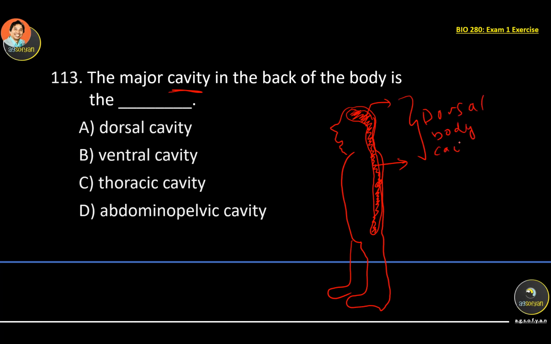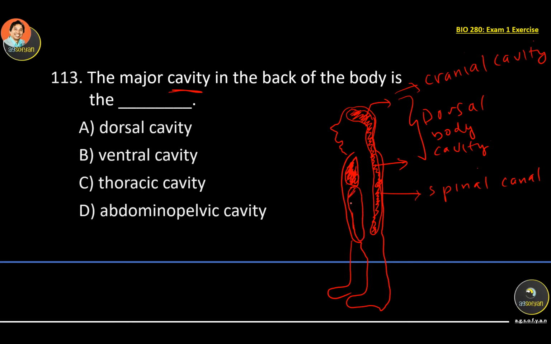body cavity. It consists of the cranial cavity, which protects the brain, and the spinal canal that protects the spinal cord. And then at the front, you also have a cavity. This is where your lungs and heart are located, and a very big cavity in the abdomen.